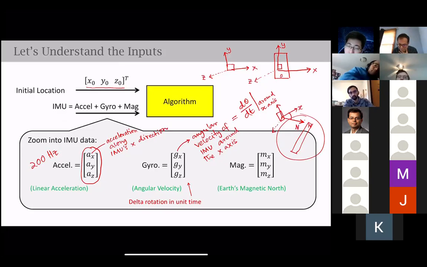The magnetic field M projected to the x-axis gives you mx, projected to the y-axis gives you my, projected to the z-axis gives you mz. Guys, is that clear?